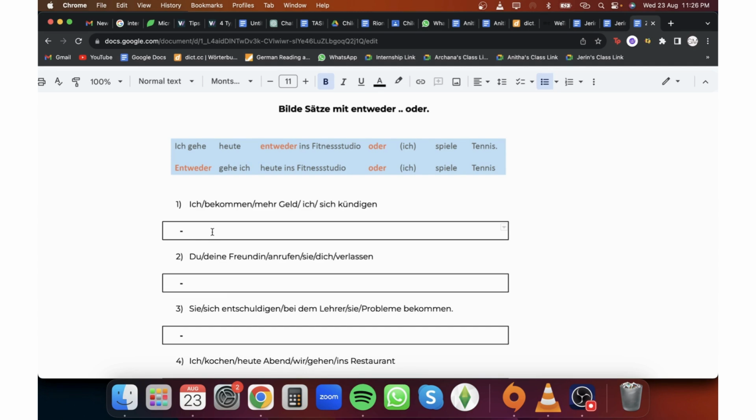Either I get more money or I quit. That sounds better. So either should come first. That's why I told you always translate to English. Entweder bekomme ich, second position verb, mehr Geld, oder ich kündige mich. Reflexive verb. So we'll write it like this.